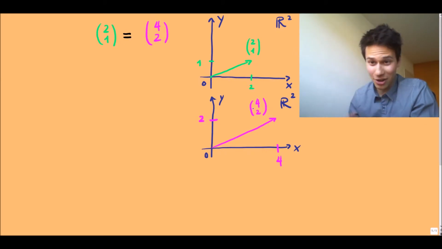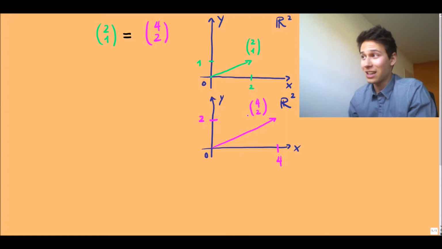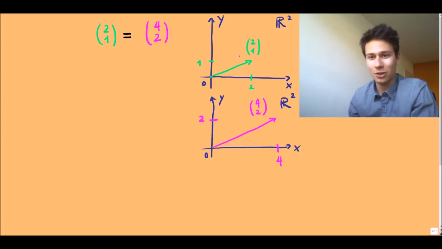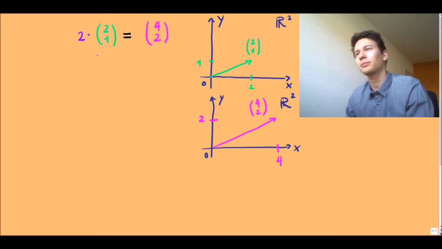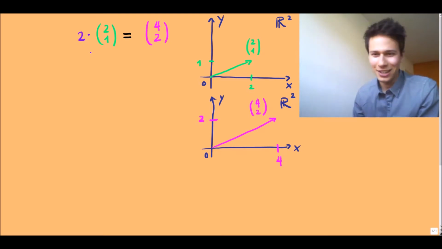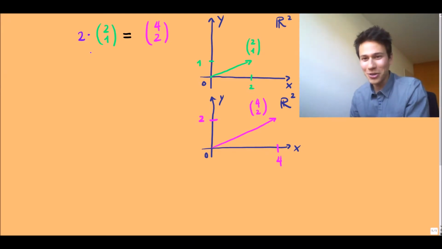And this is obviously very simple, because you see that this new vector, or the resulting vector, is exactly twice the argument or the original vector. So all we have to do is to multiply times 2. So this was really simple, and you might ask, why are we doing this?